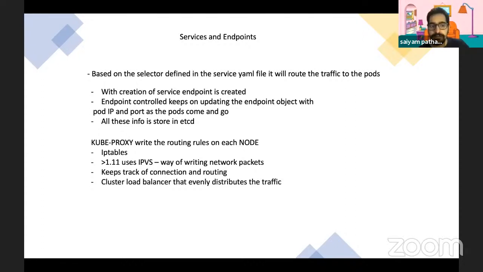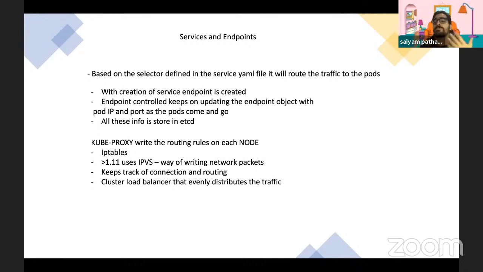Now there is an endpoint controller that keeps updating the endpoint object with the pod IP and the port as the pods come and go. Very simple, I have written it over there. It means the pod is coming up and dying based on different scenarios: out of memory, node failure, whatever the reason is.